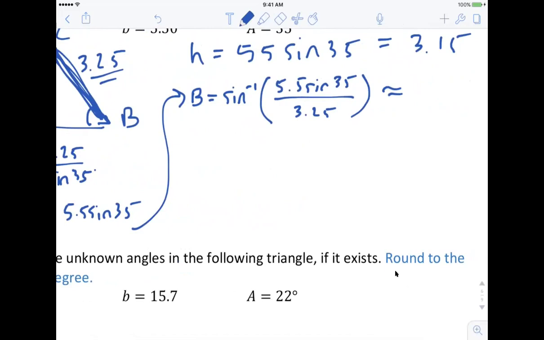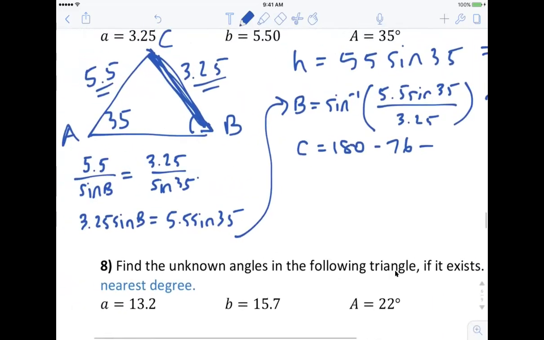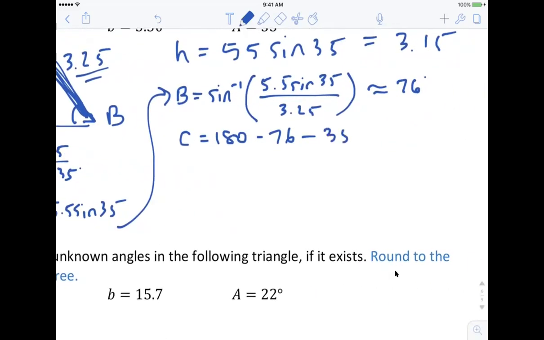So going to the calculator, sine inverse, just doing it on the handheld right here. I'm getting about 76 degrees. Okay. And then I can get the C by the 180 rule. 180 minus 76 minus, what was the A, 35? Okay. So 180 minus 76 minus 35 is 69 degrees.